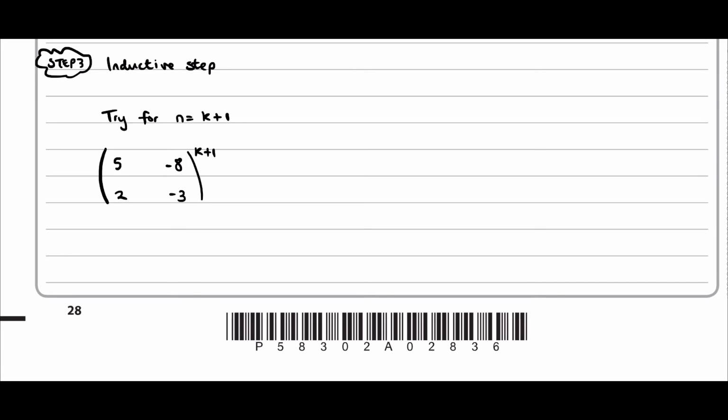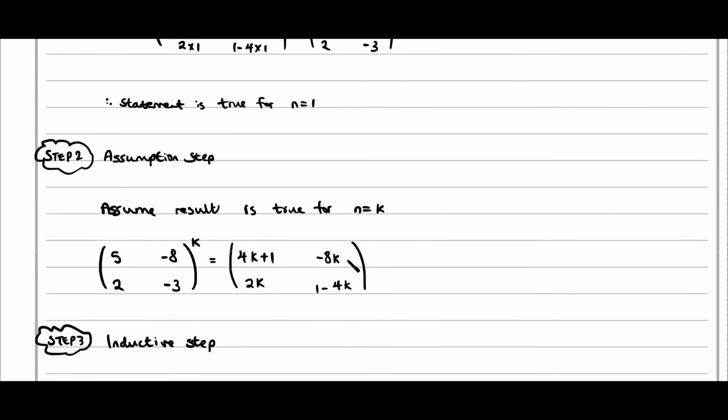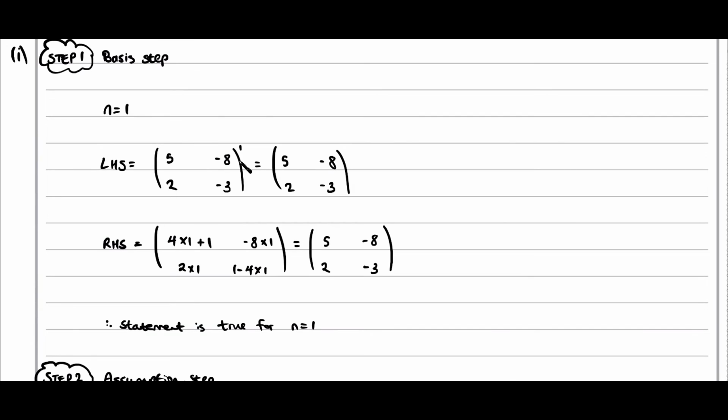We can use the laws of indices to split this up as (5, -8; 2, -3) to the power of k, lots of (5, -8; 2, -3) to the power of 1. Now, this bit to the power of k, using our step 2, that's (4k+1, -8k; 2k, 1-4k), and the bit to the power of 1 is (5, -8; 2, -3).